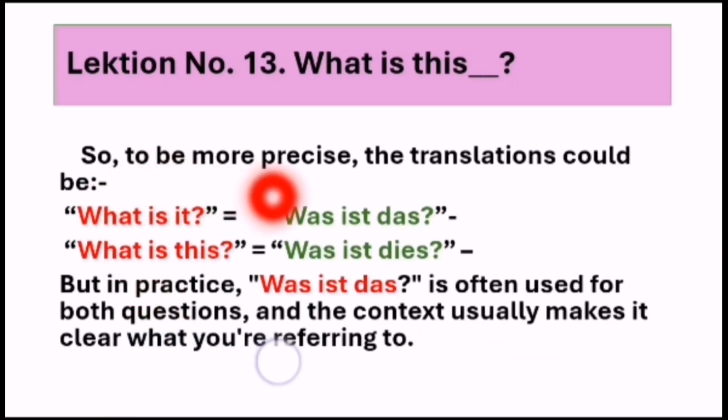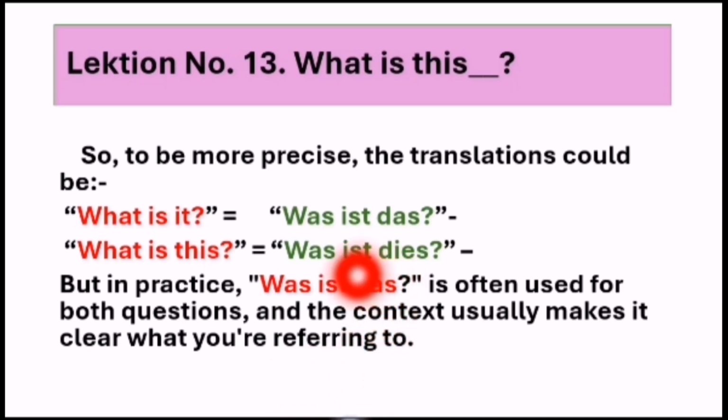So, to be more precise, the translations could be what is it, was ist das, what is this, was ist dies. But in practice, was ist das is often used for both questions, and the context usually makes it clear what you are referring to.